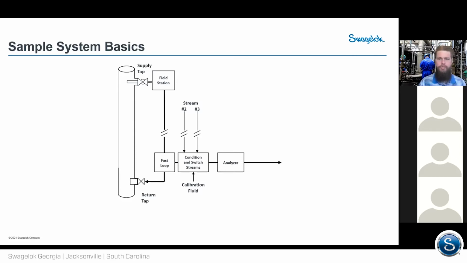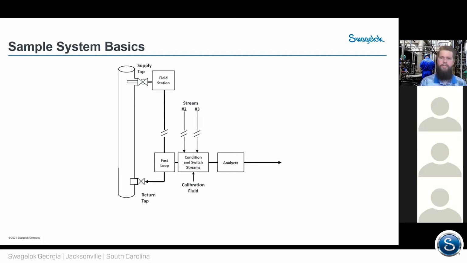Usually an analyzer is at 1 liter a minute, and to sample a fluid at 1 liter a minute all the way through the conditioning system and into the analyzer is going to produce a time delay that's maybe hours to days. So we need to combat that with increasing the flow rate all the way up to the conditioning system, and so that's where a fast loop comes into play here.